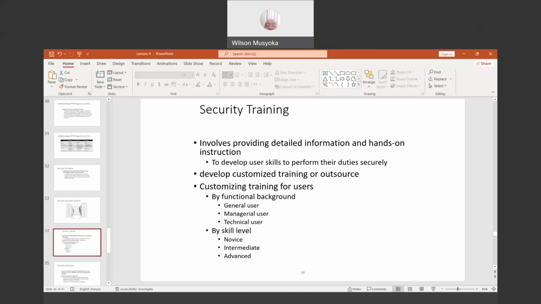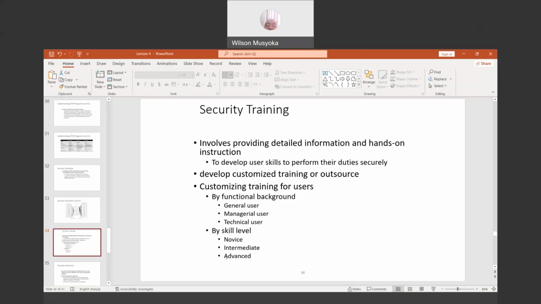A technical user, they have the understanding of configuring the system and maybe understanding how the system works. So they are going to be trained differently because of the skill level. General user could be a novice. A managerial user could be having intermediate skill level, and a technical user could be having what we call advanced skill level.